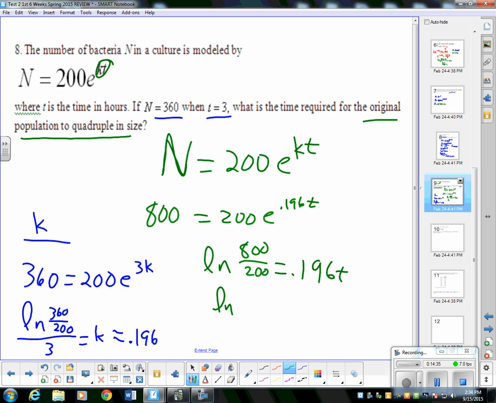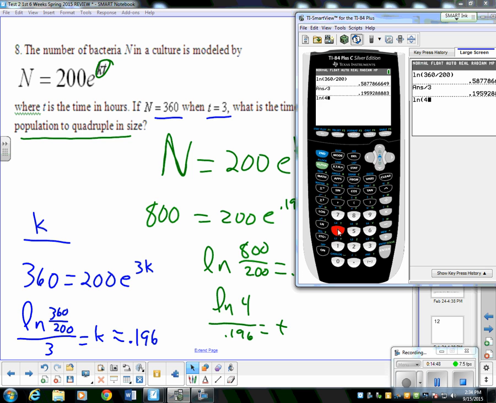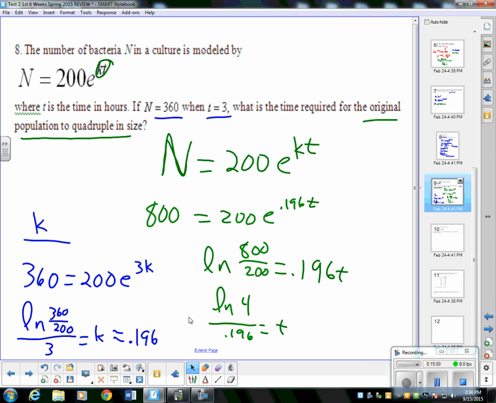So the natural log of 4 divided by 0.196 is equal to t. The natural log of 4 divided by 0.196 gives me 7.07, just like that. So if we round it, 7.073.